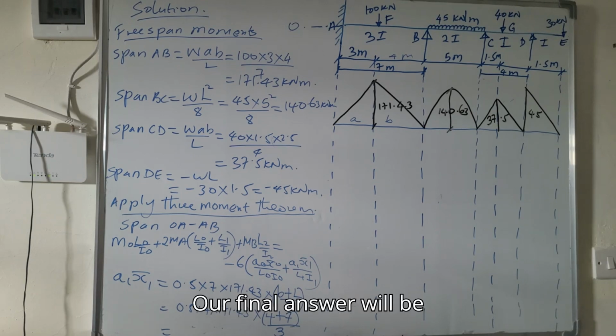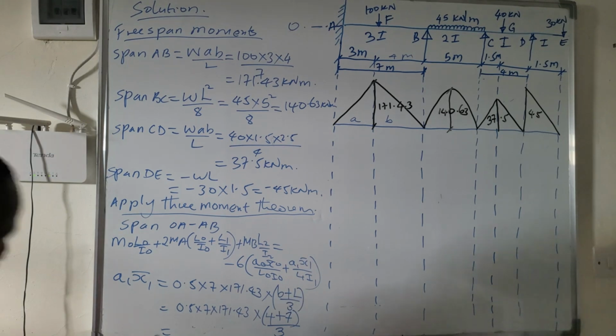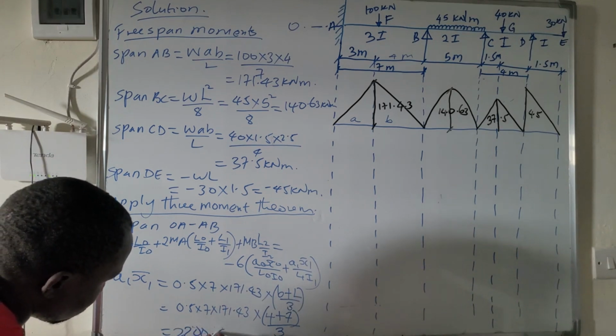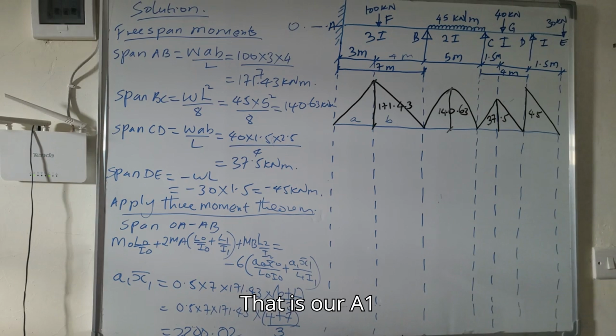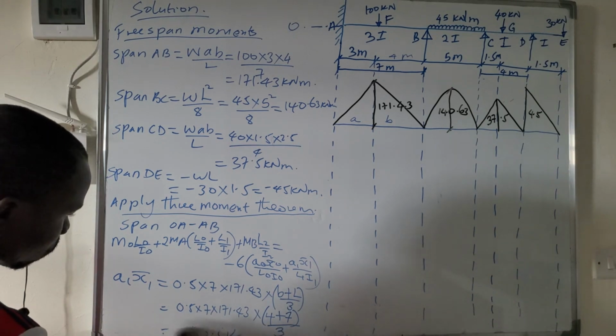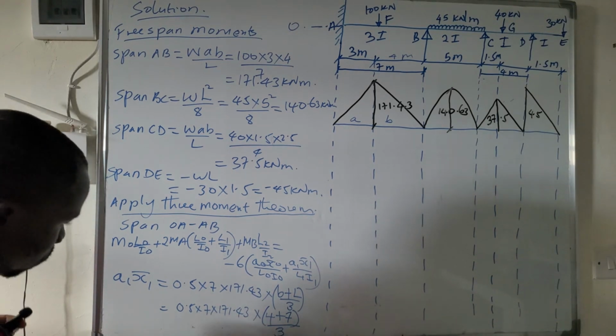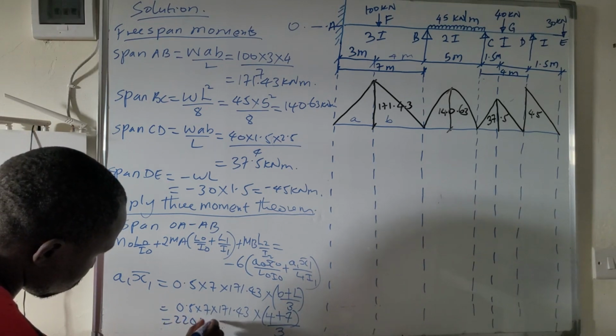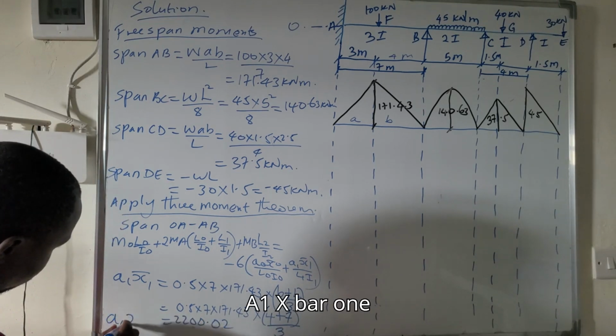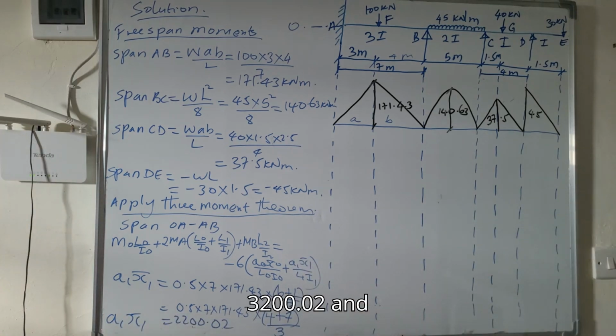So our final answer will be 2200.02. That is our A1 X bar 1, 2200.02.